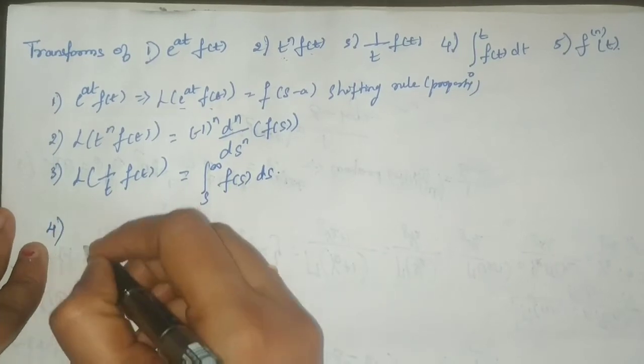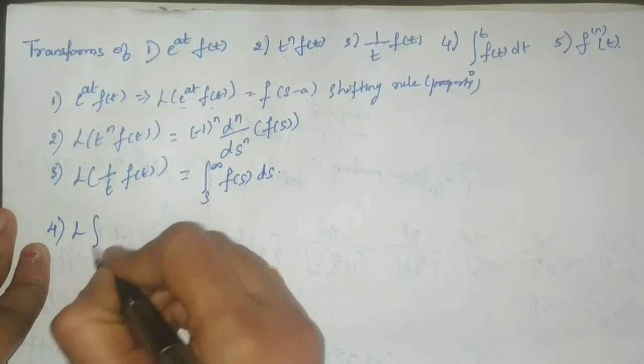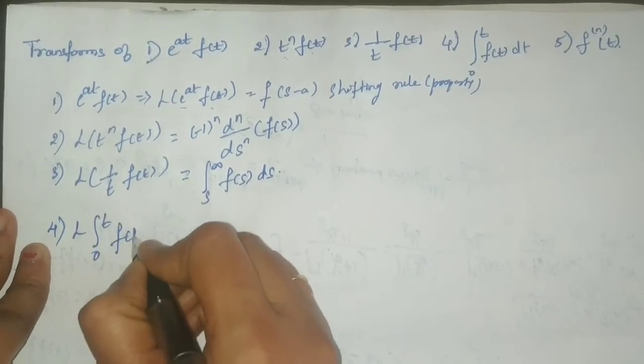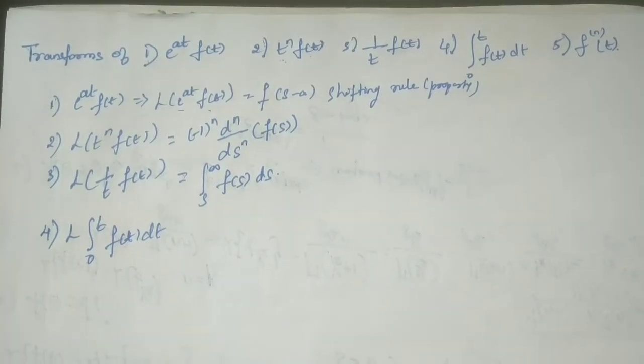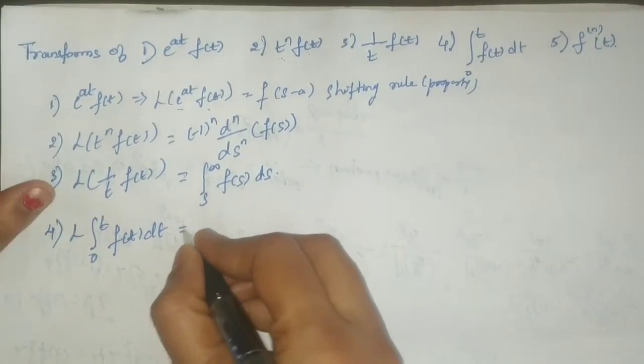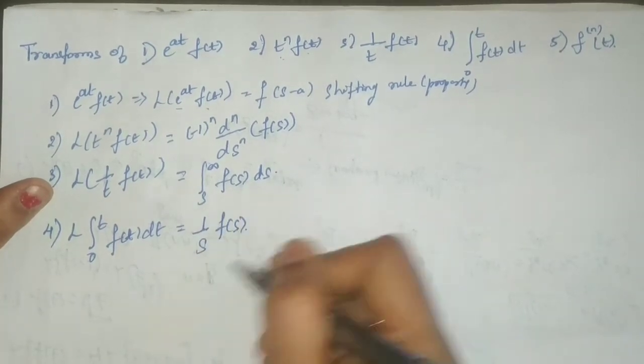Next, fourth one. So whenever you have a Laplace transform of integral 0 to t f of t into dt. This type is called integral, which is equal to 1 by s into f of s.